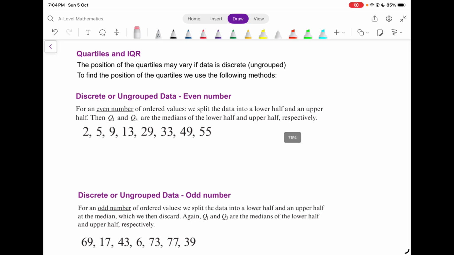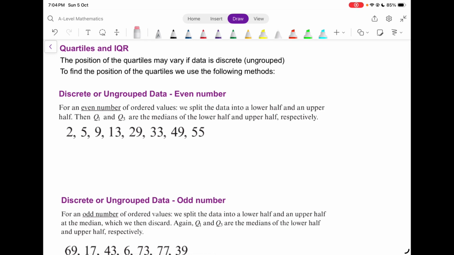For even numbers, the 25% and 75% we talked about earlier are only for grouped data. If it is ungrouped data or discrete data, we first have to recognize where Q2 is, which is the median. So how can we identify it? The way we can identify it is using the cross method.